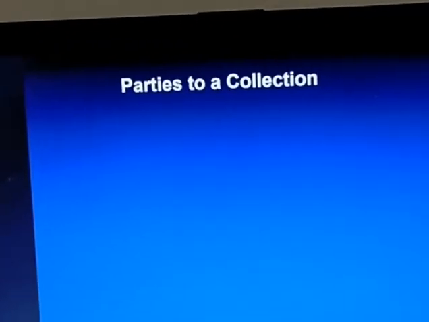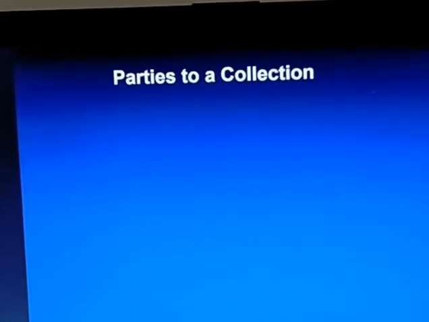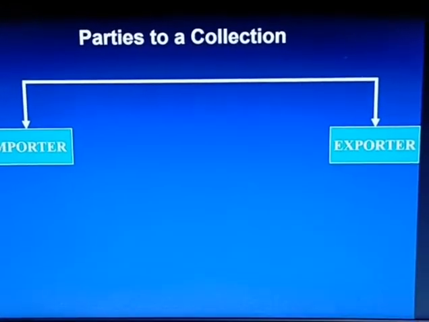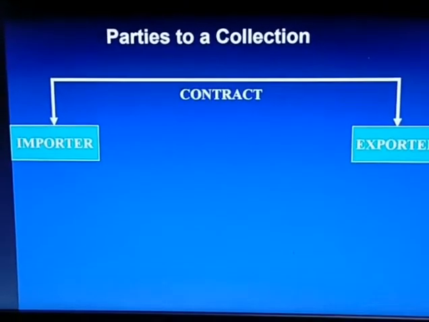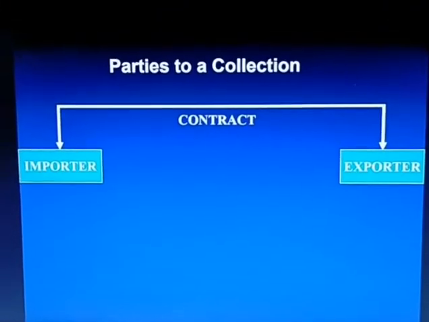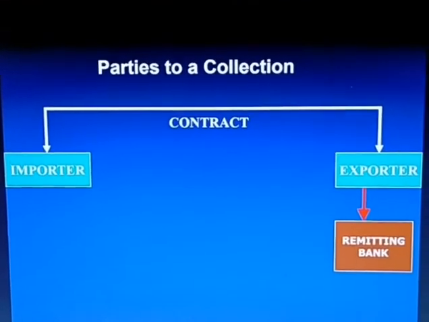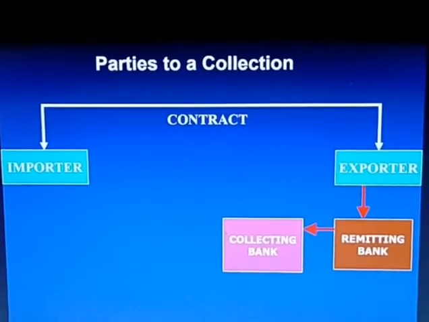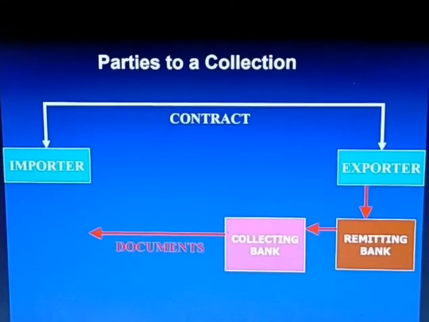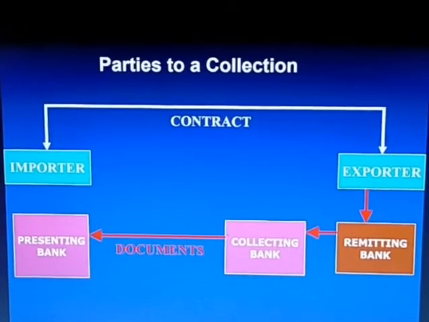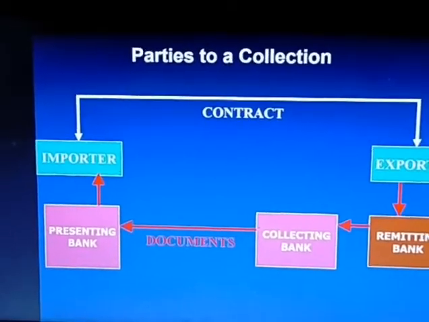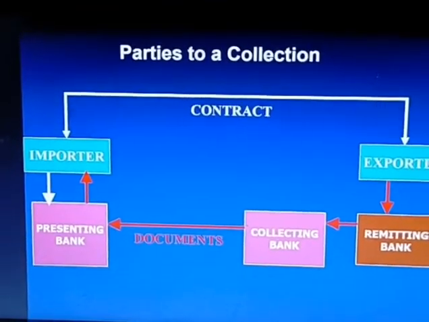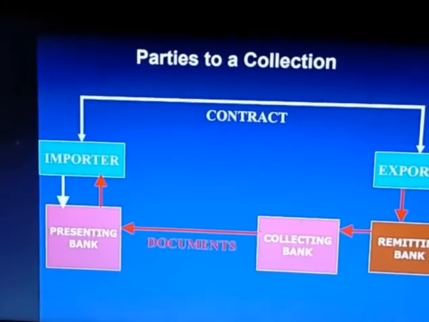Let us see the parties to a collection. One is importer, then exporter, and there is a relationship between them through the contract. Then a remitting bank and collecting bank, and documents will be sent to the presenting bank, and the presenting bank will give the documents to the importer, and the importer will make the payment to the presenting bank.